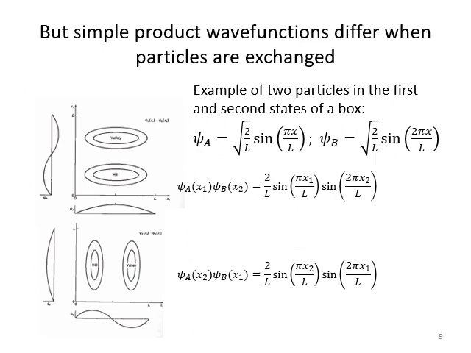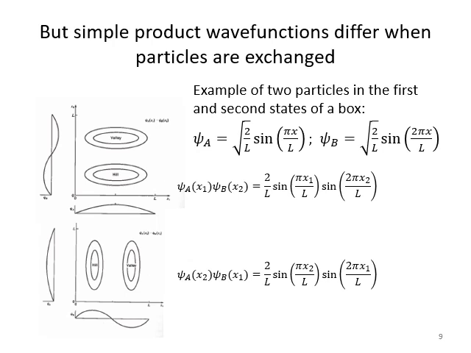So here's a funny way of plotting that probability distribution. Right? The simple product wave function. Now what we can do is plot the probability density for particle 1 being in some position x1 while it's in state A, and particle 2 being in position x2 while in state B, and then switching particle 2 for 1.